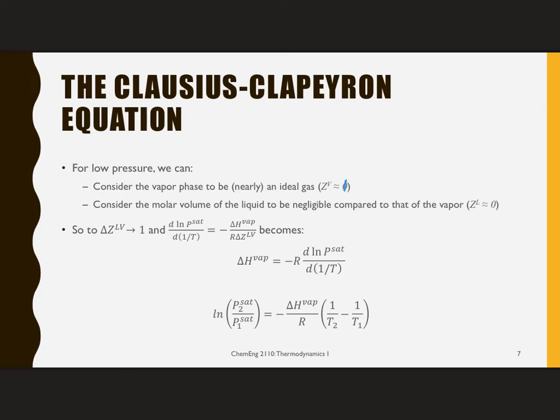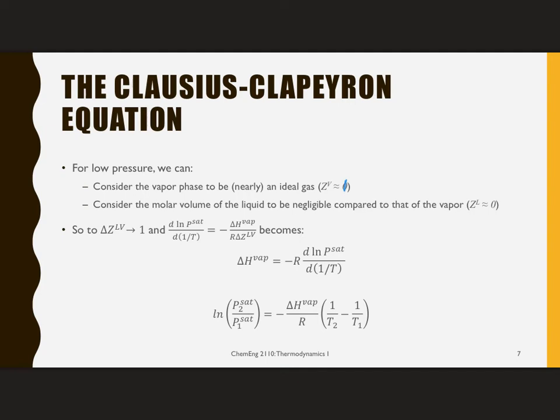So the Z for an ideal gas is 1, and if my vapor phase is low pressure, and when I have two phases, usually it is low pressure, so Z for my vapor phase will be approximately 1. The liquid, on the other hand, is going to be small. It may not be 0, but it's a lot smaller than Z for my vapor phase.